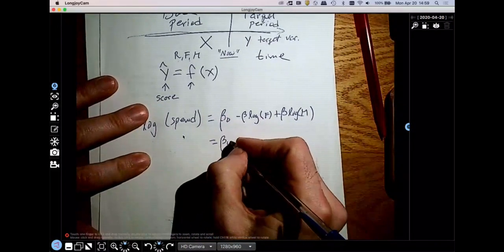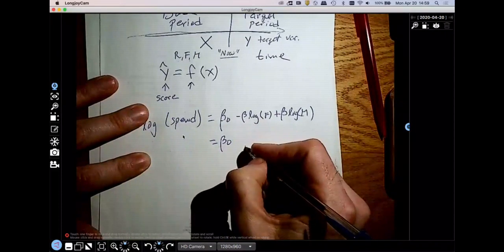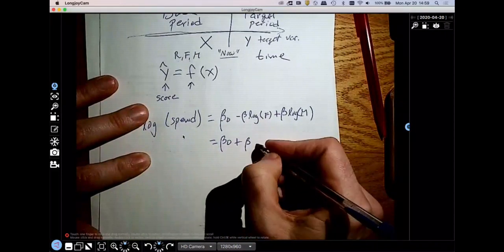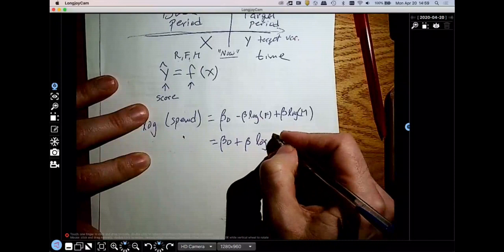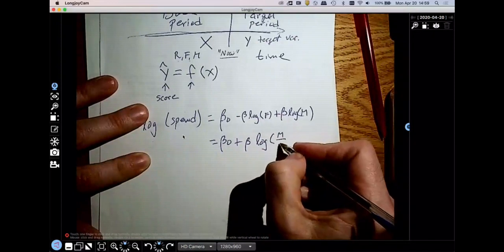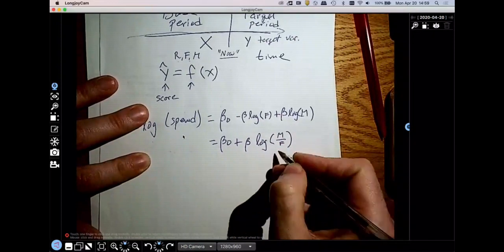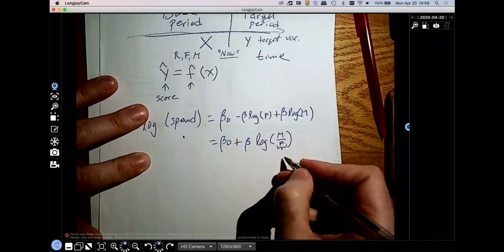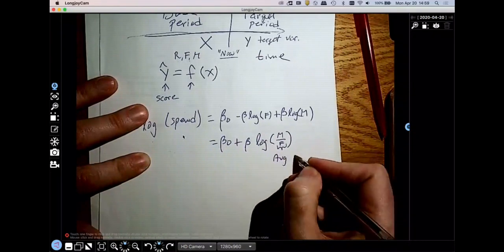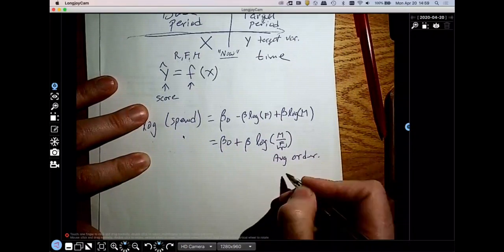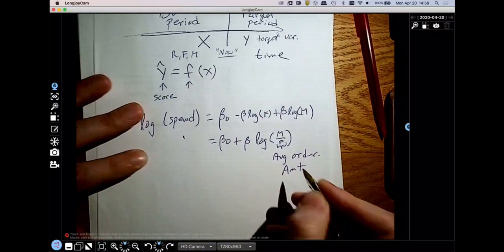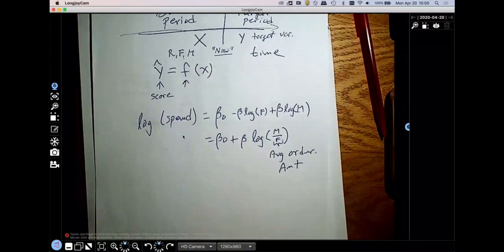But there's a property of logarithms that just says this is equal to plus beta times the log of monetary over frequency. And we can think of this as the average order amount. So if I take the total amount that you've spent in the past, divide by the number of orders, I get the average order amount.